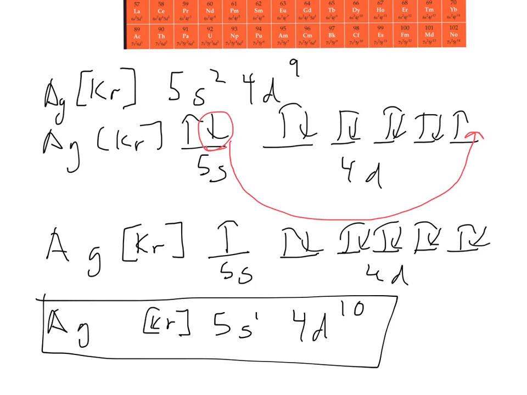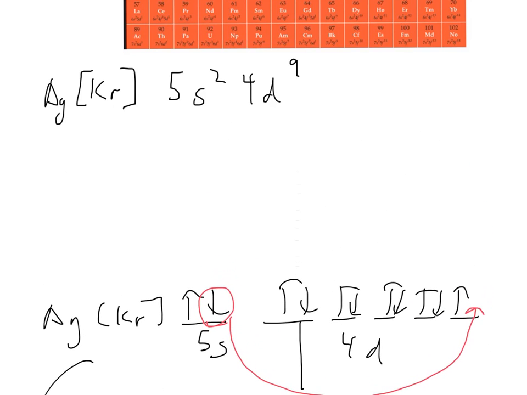So it violates what would be predicted in order to complete that completely filled d subshell. Copper and gold are going to do the same thing. They're going to move an s electron into the d to complete that d subshell.